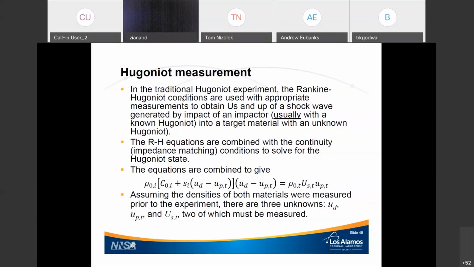In this situation where you don't know the Hugoniot of the target, but you do of the impactor, the equations are used in this form. If you know the density of both materials, then you have three things you don't know: UD, UP, and US. And so you have to measure two of these in order to get the third out of this equation. Usually the things that are measured are US and UD.